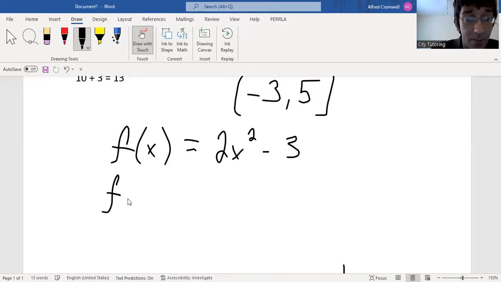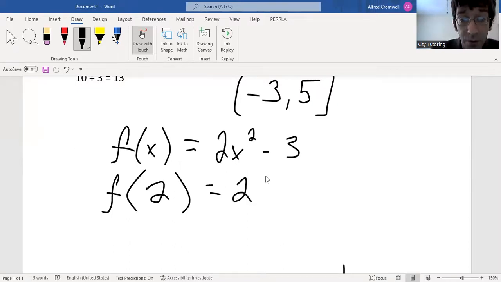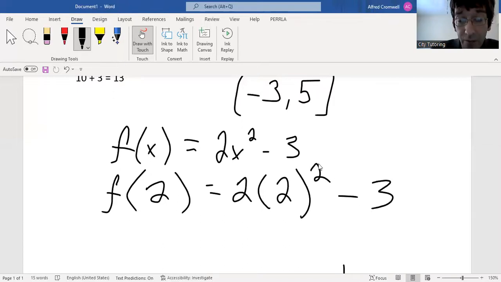So you just plug it in. Anytime you see x, you're going to put in 2. So 2 times (2) squared minus 3. Well, that's 2 times 4. 2 squared, you should do that first, order of operations. 2 times 4 is 8. And then you just subtract, which would give you a final answer. 8 minus 3 is 5.